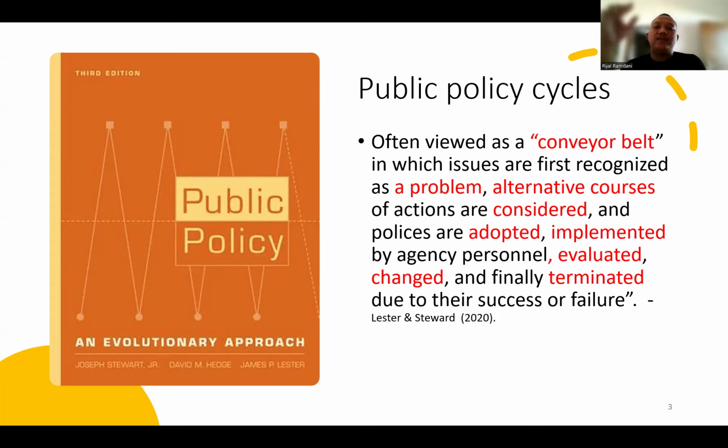And second, the policy is adopted. For example, it can be in the form of regulations at the national level, macro level, meso level, as well as micro level. And then after it is adopted in regulation, it is implemented by agency or personnel.